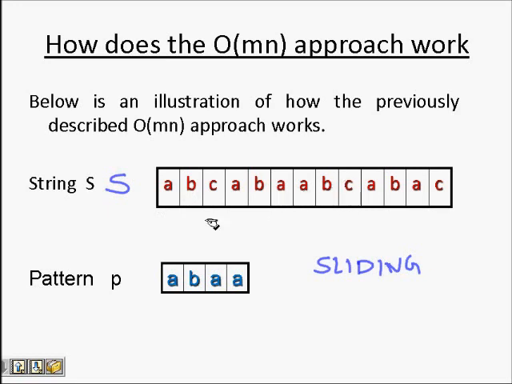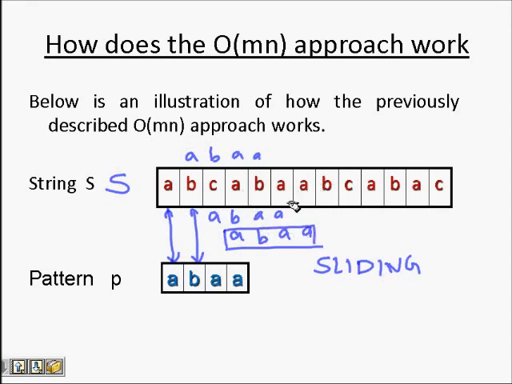So AB matches, but then A does not match, so we shift the window. Again it doesn't match, so we move further. ABAA not matching, so we move again. Now this window is matching with ABAA.